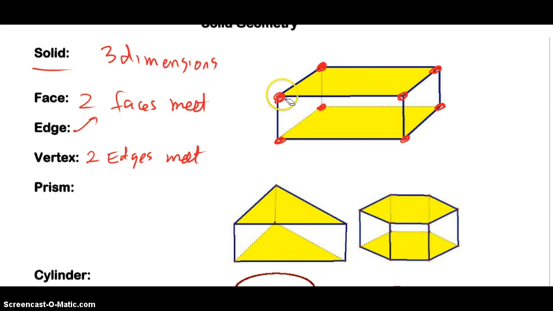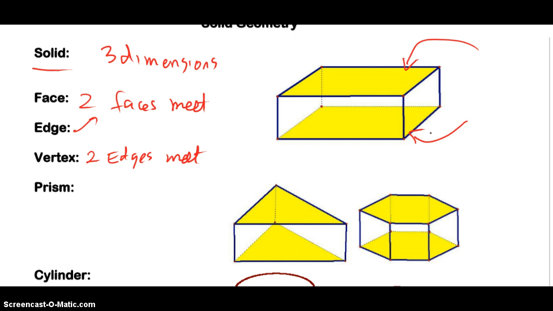Okay, now a prism. A prism is a solid or a 3-dimensional object that has 2 congruent parallel faces. And if you look at the yellow here, see that that is exactly the same as this yellow face right here, and they're also parallel to each other.